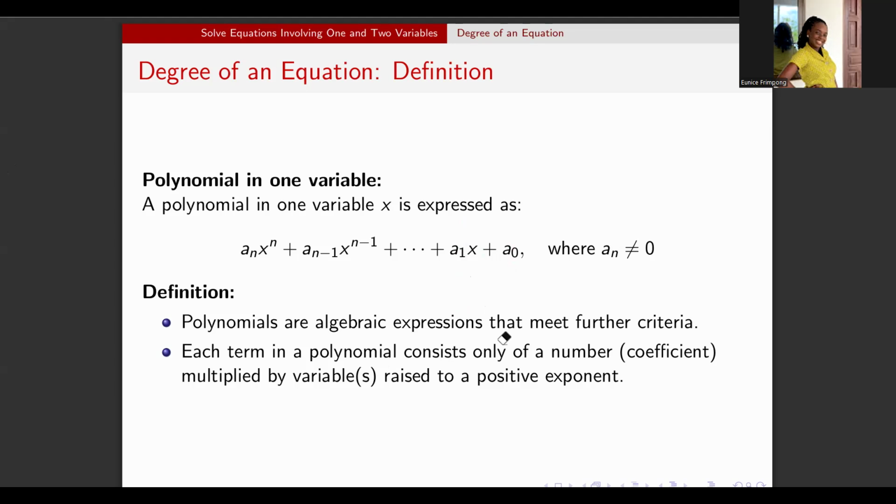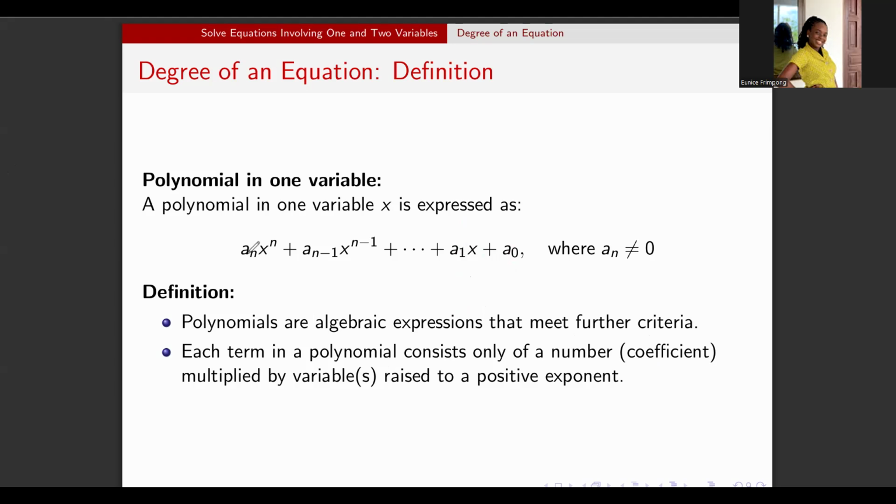Polynomials are algebraic expressions that meet further criteria. So they are simply algebraic expressions, but they meet a certain criteria. Now, what criteria is this? The criteria is that a polynomial consists of only a number, which is the coefficient, multiplied by variables, and it is raised to a positive exponent.